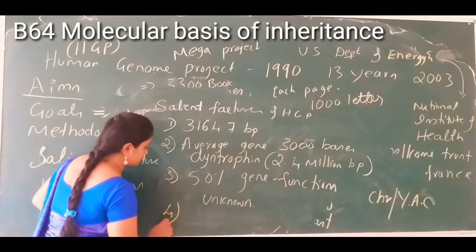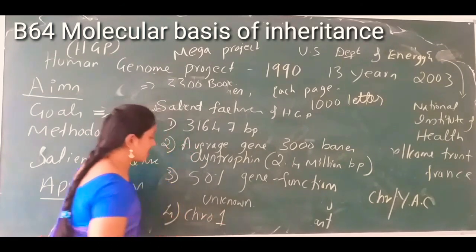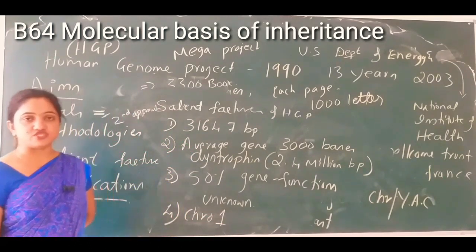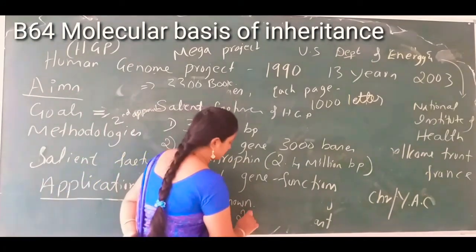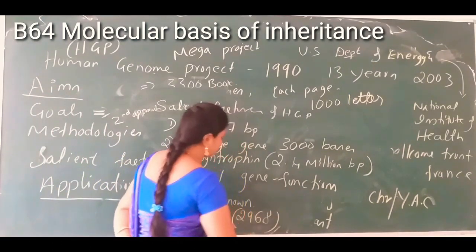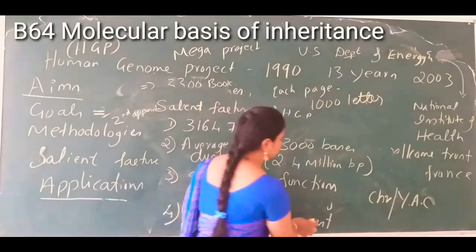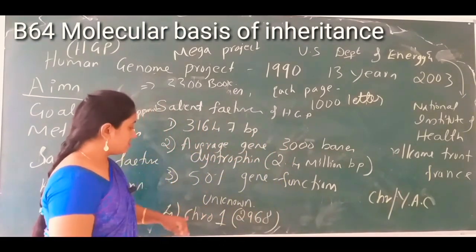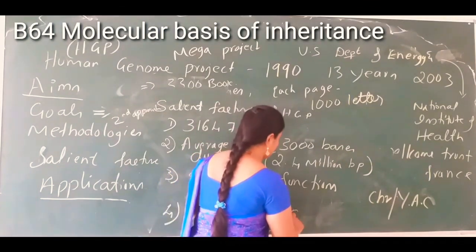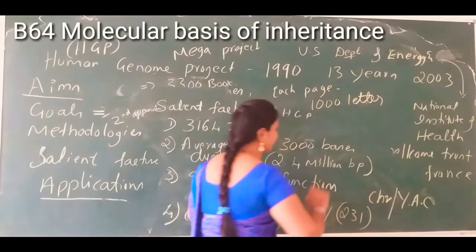And the next is that chromosome 1 has the maximum number of genes, 2968 genes. This is the maximum number of genes present in a chromosome, and chromosome Y has the least genes in it.